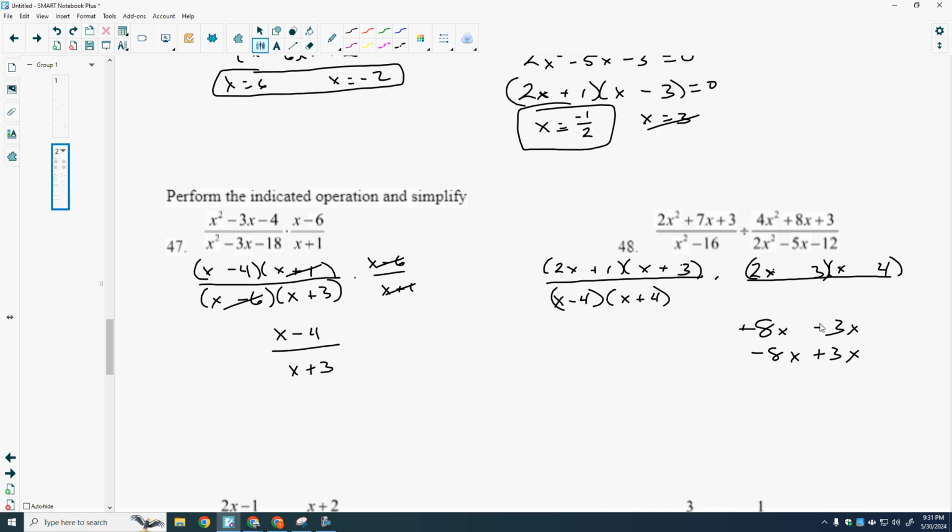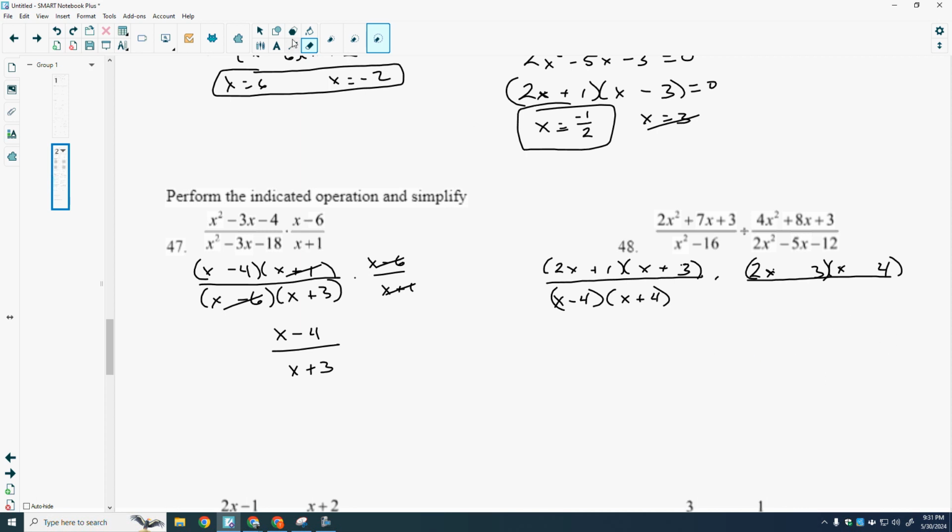Sorry, my pen decided to quit working there. When my signs are different, if this is a positive and this is a negative, I subtract those two numbers. If this is a negative and this is a positive, I still subtract those two numbers. Okay, that was just a little bit of factoring reminders.